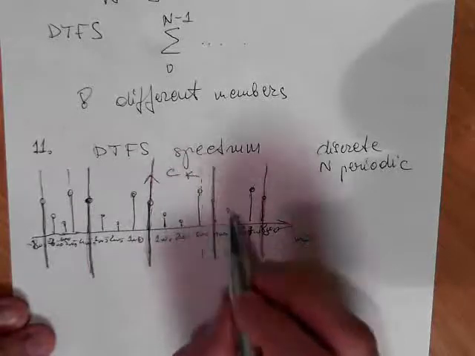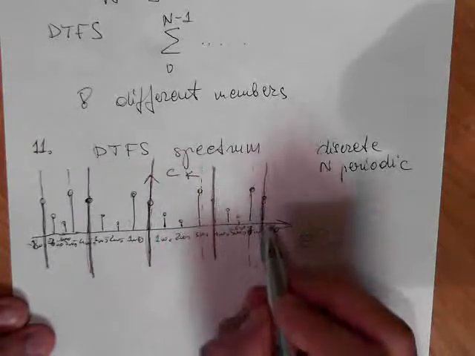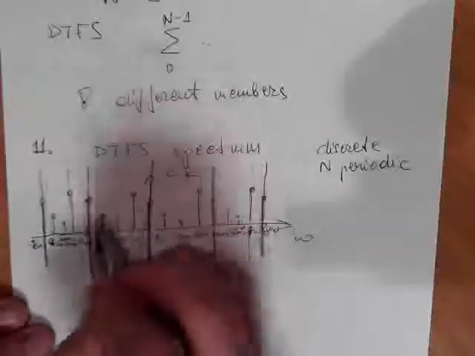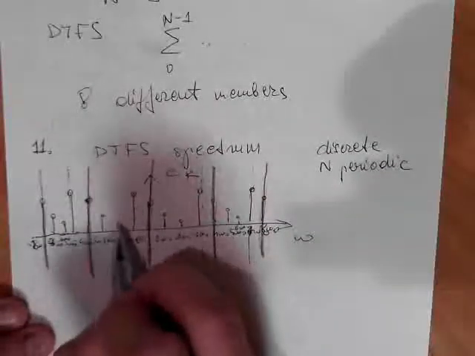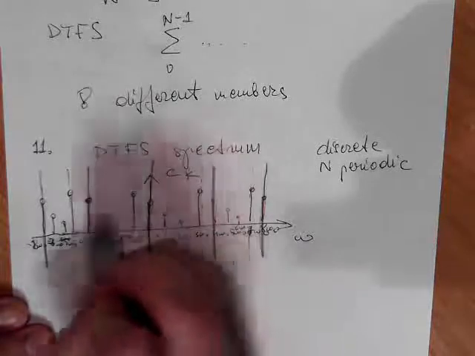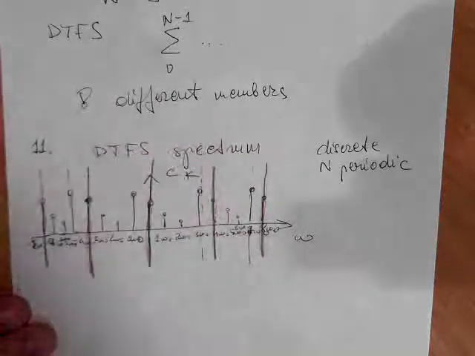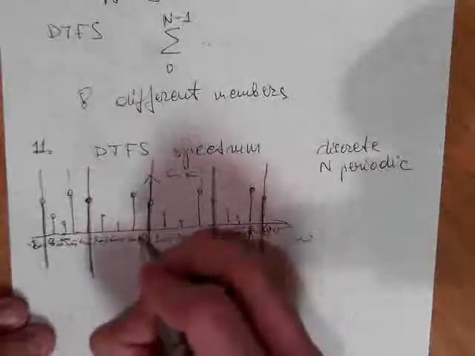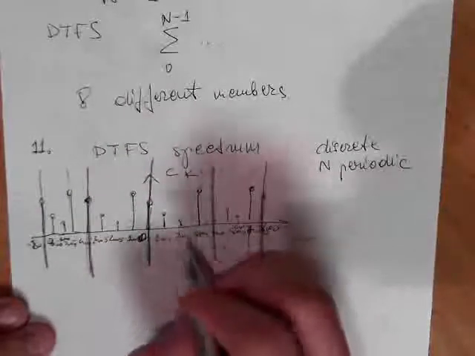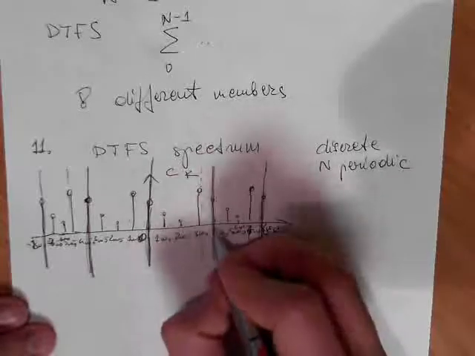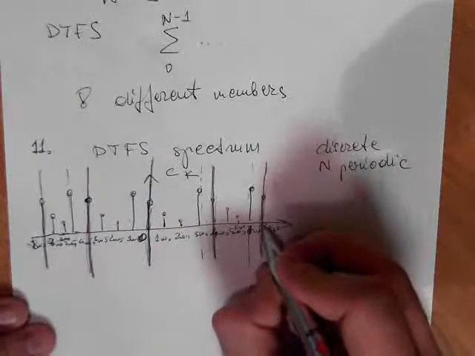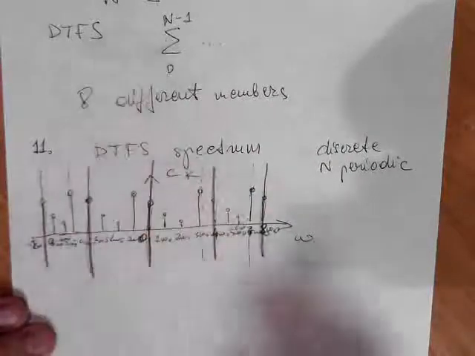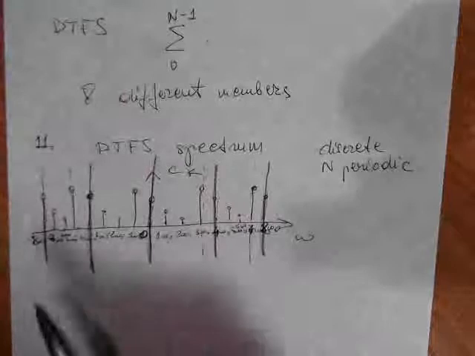Then two small, then the highest, then intermediate again. So we have 0 here, this value repeating at 4, and also repeating at 8. Here this value repeats at minus 4, and here at minus 8.